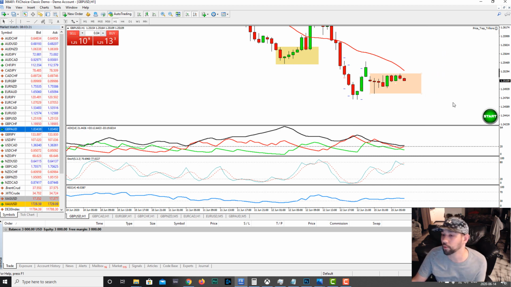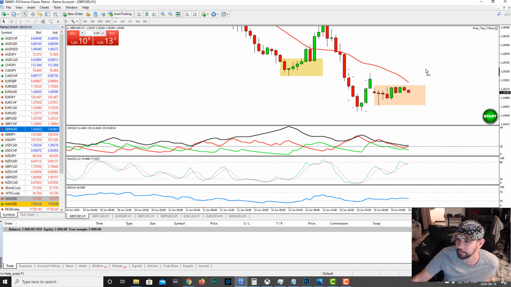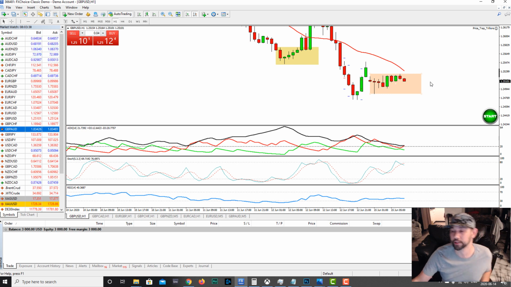So getting back to what we were doing here, we are trapping about a 30 to 40 pip zone on a forex pair, GBPUSD, and the reason that we're doing this is because at 12 p.m. the London session is going to start.